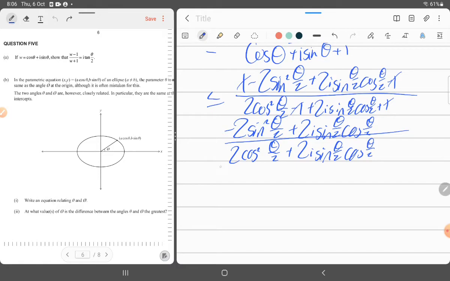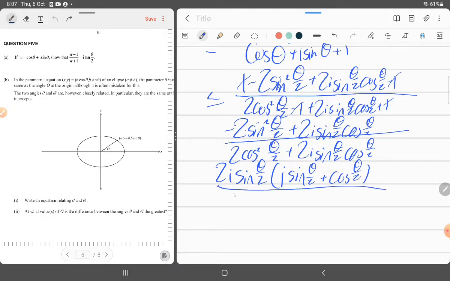We can factor an I from here and an I from here, which gives I sine theta over 2 plus cosine theta over 2 all over cosine theta over 2 plus I sine theta over 2.